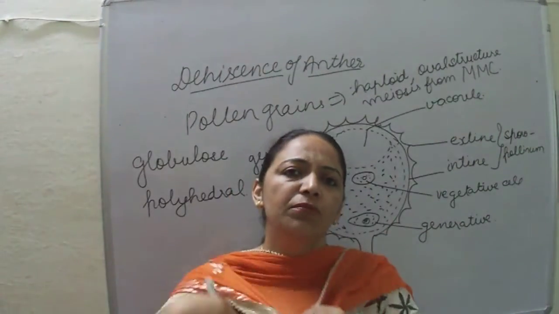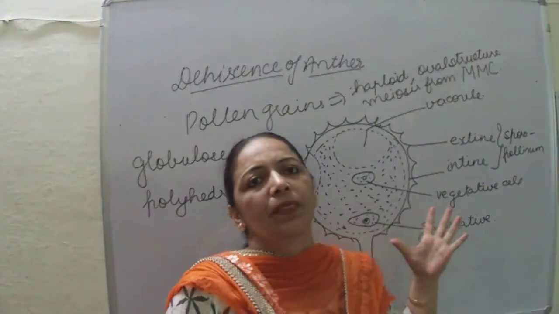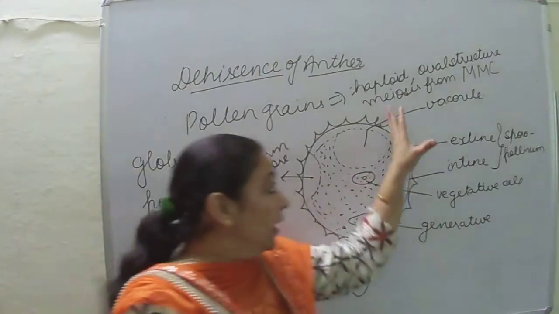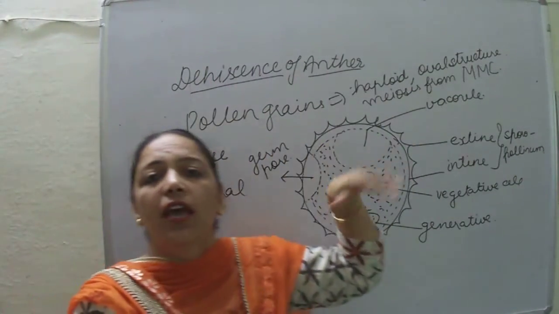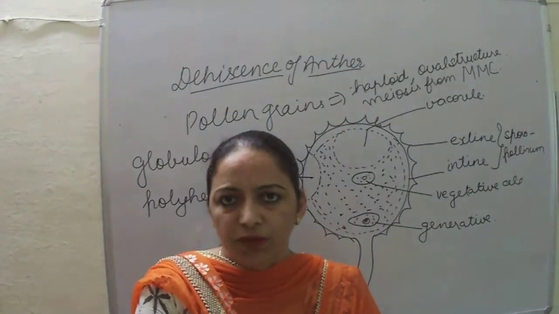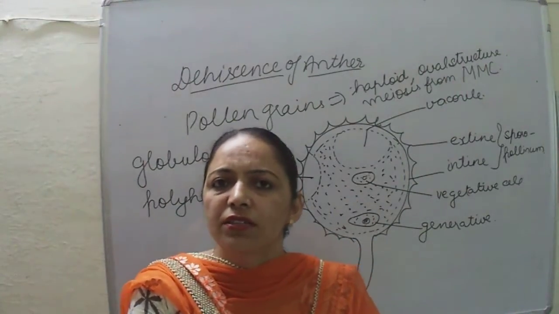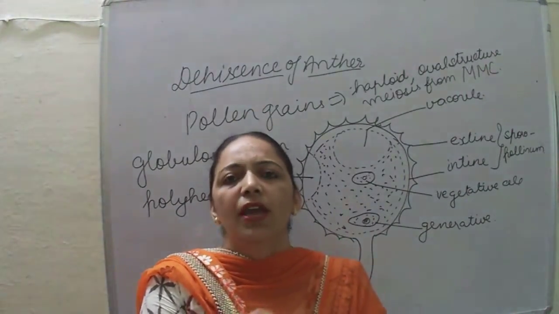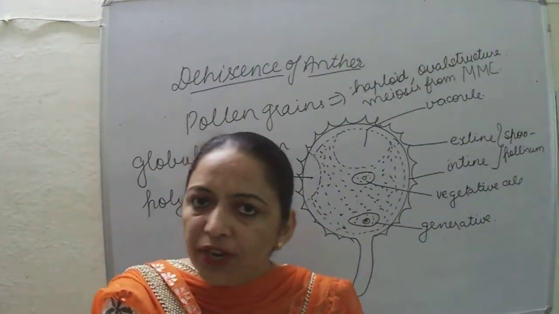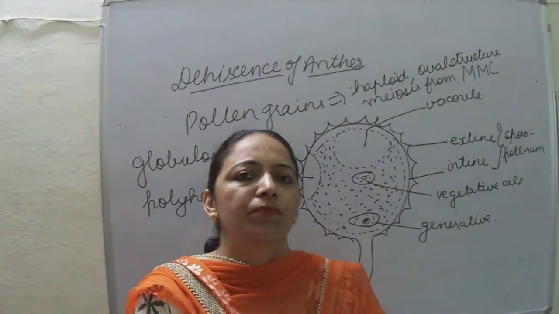Students, the importance of pollen grains in the life of angiosperms is very great. These pollen grains help in the fertilization process of the angiosperm. As soon as a pollen grain reaches the stigma, it starts forming a pollen tube, and this pollen tube forms a way up to the ovary of the flower.